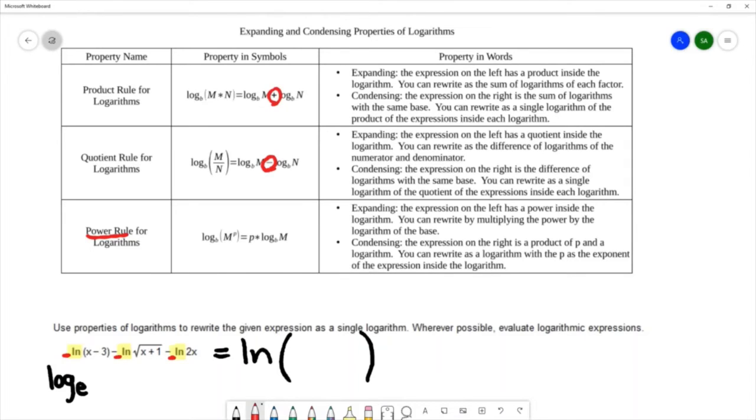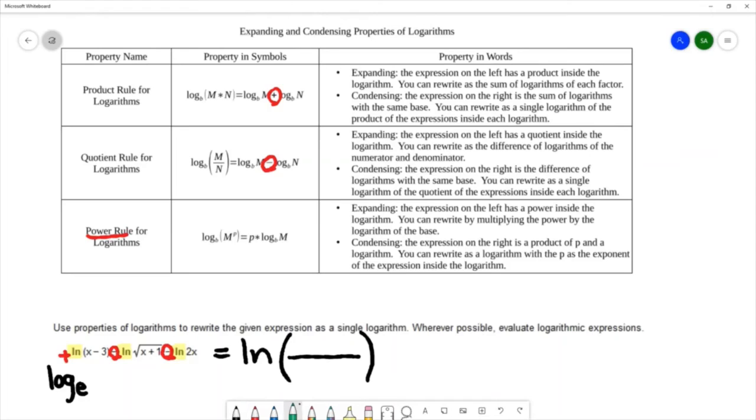And that'll tell you to use either the product rule or the quotient rule. So I can see that I have a minus, and this log here has no sign in front of it, so we assume that it is positive. So that's going to tell us how to condense our logarithm. So because we have some subtractions, we are going to have a fraction inside.